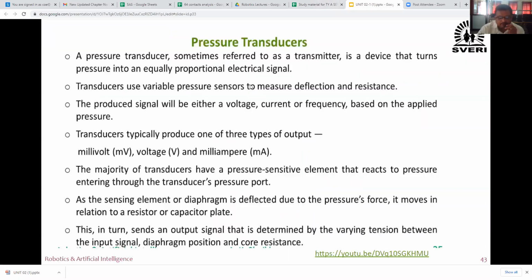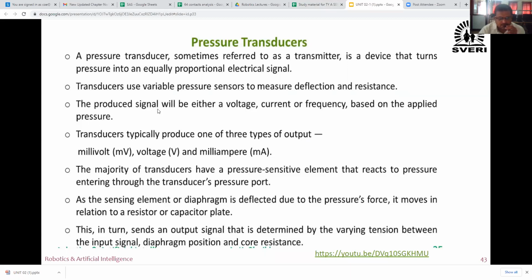Now next, pressure transducers. A pressure transducer, sometimes referred to as a transmitter, is a device that turns pressure into an equally proportional electrical signal. Transducers use variable pressure sensors to measure deflection and resistance.